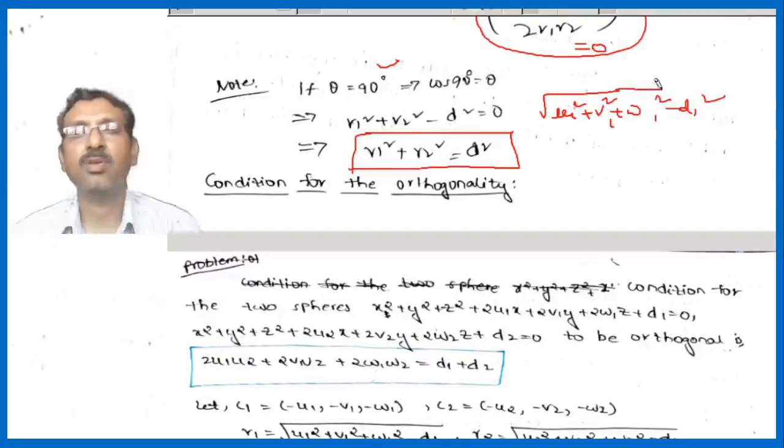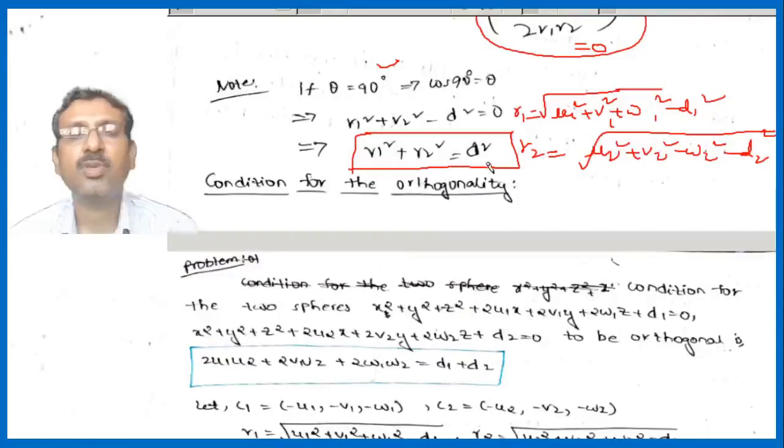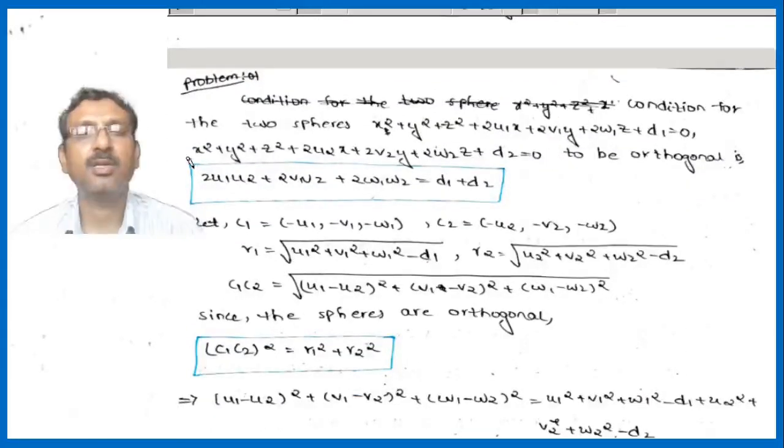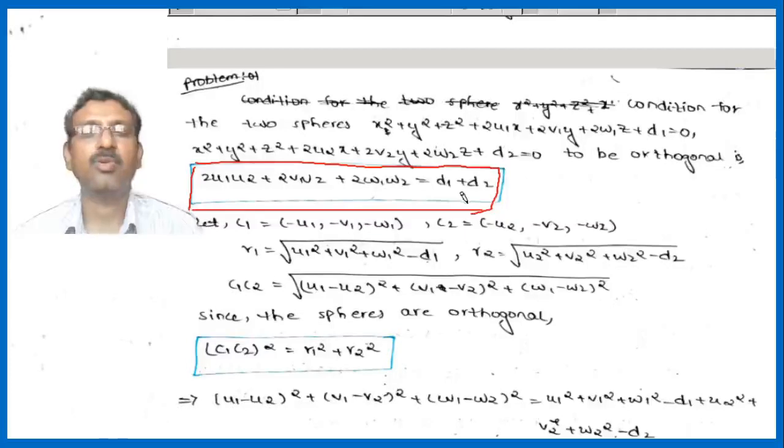Similarly, R2 equals u2 square plus v2 square plus w2 square minus d2. Then substituting in the equation, similarly d is the distance between the two centers C1 C2. After simplification we get an interesting result, that is 2u1u2 plus 2v1v2 plus 2w1w2 equals d1 plus d2.